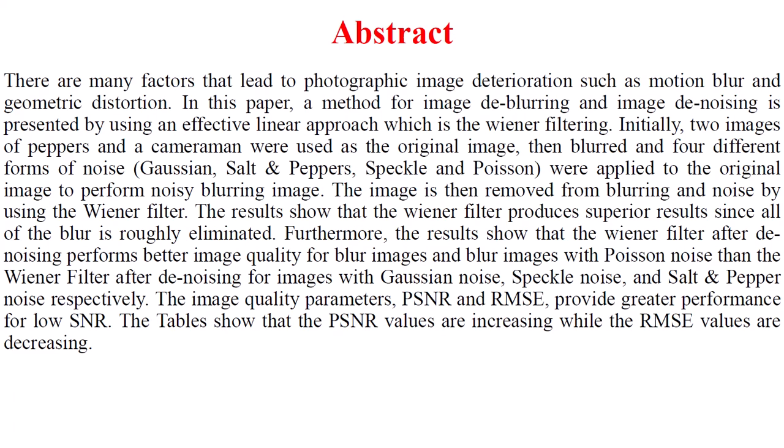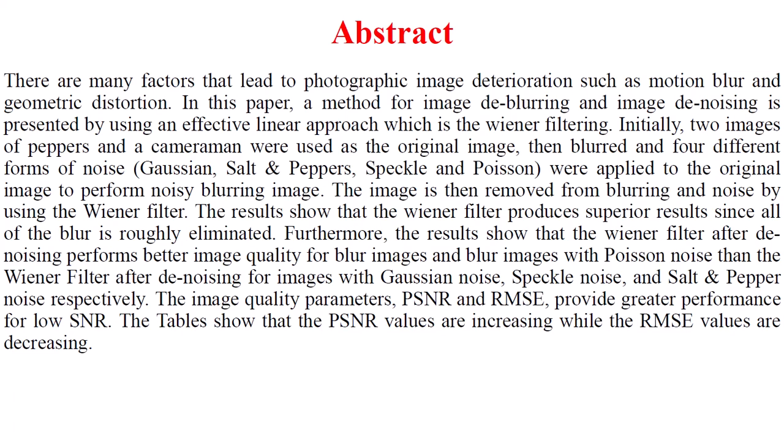These noises were applied to the original image to produce a noisy blurred image. The image is then restored from blurring and noise by using the Wiener filter. The results show that the Wiener filter produces superior results since all of the blur is eliminated.